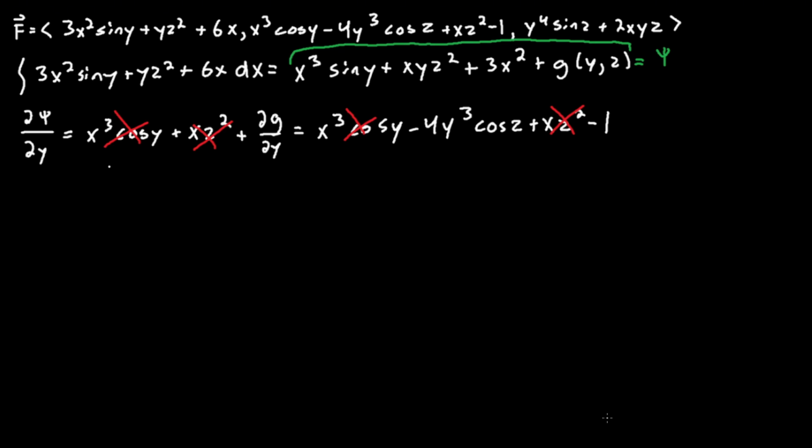And you're left with something that looks like this: the y partial of g is equal to negative 4 times y cubed times cosine of z minus 1.